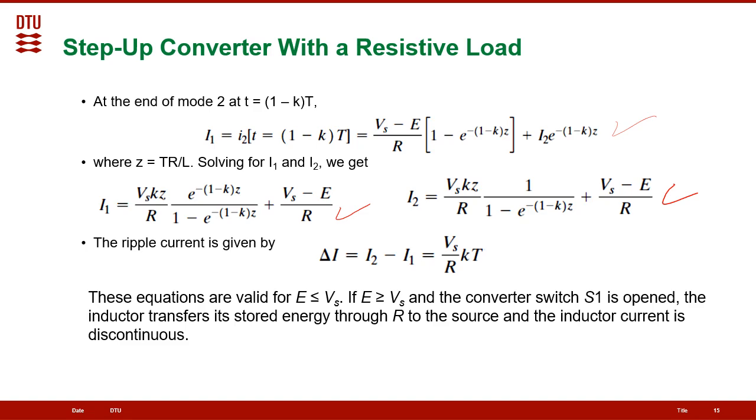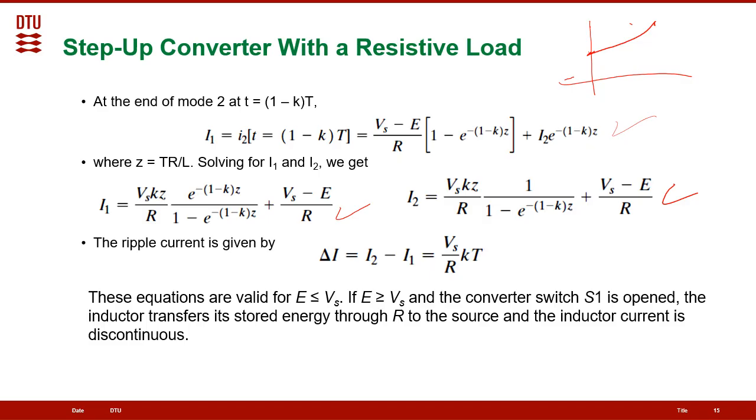And by the way, if we know the duty cycle and all the parameters, then we can calculate how much is I1 and how much is I2. And it's clear that it's easy for us now to find the ripple. The ripple will be equal to just I2 minus I1.